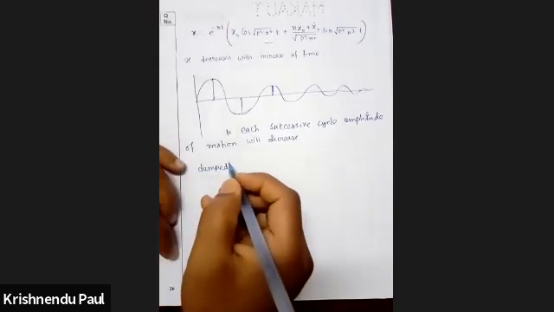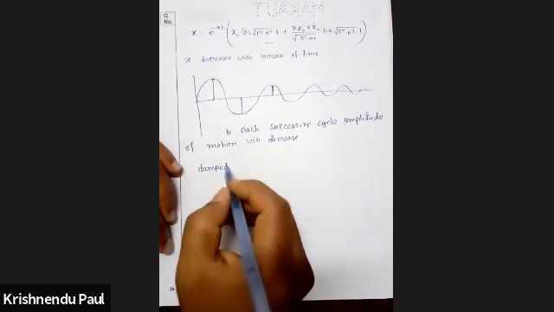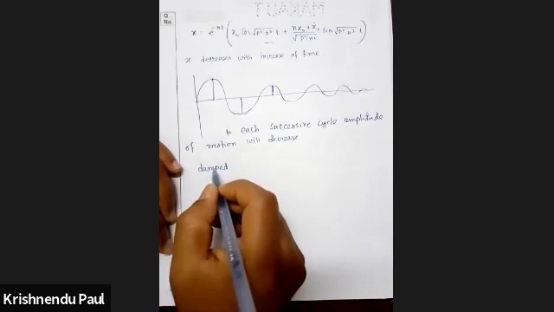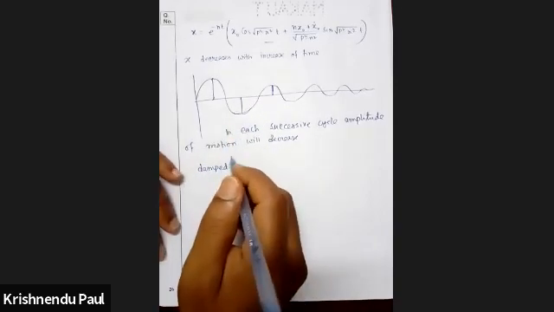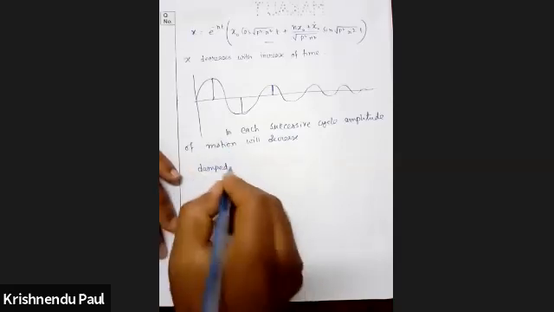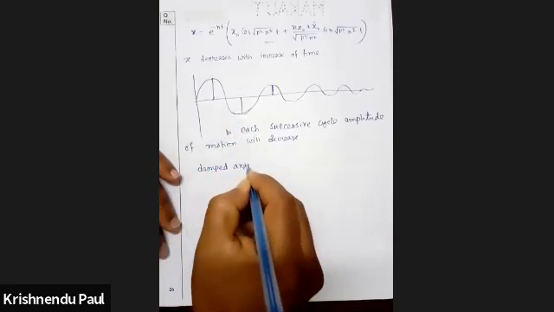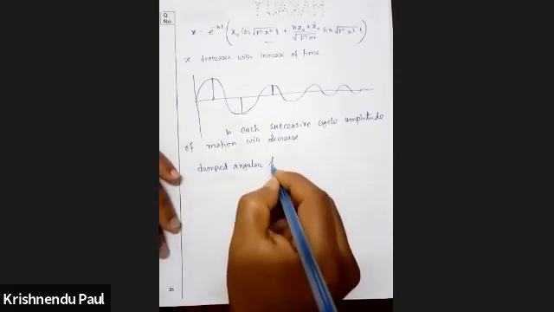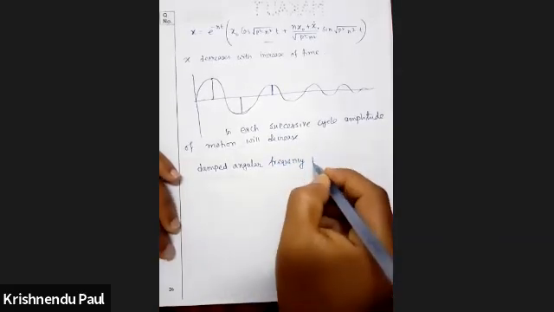Now this type of vibration is called underdamped, or in general terms damped vibration. In this type of vibration, the damped angular frequency is equal to pd.